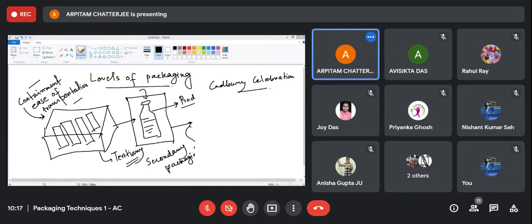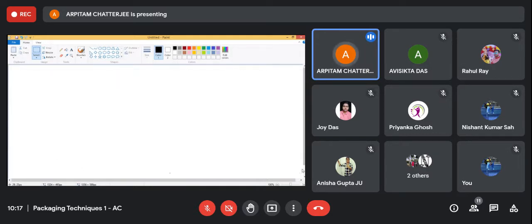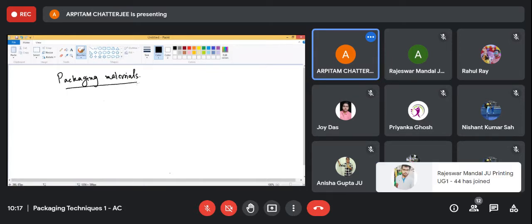Okay, so after these levels of packaging, we are now going to start the different packaging materials. Can you briefly tell me what all the different packaging materials are, before we go into detail about each of them?